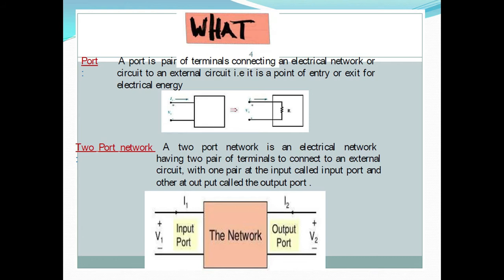What is a port? A port is a pair of terminals in an electrical network, connecting to an external circuit. It is a pair of entry points where you are able to apply the input voltage and current flows through the network.